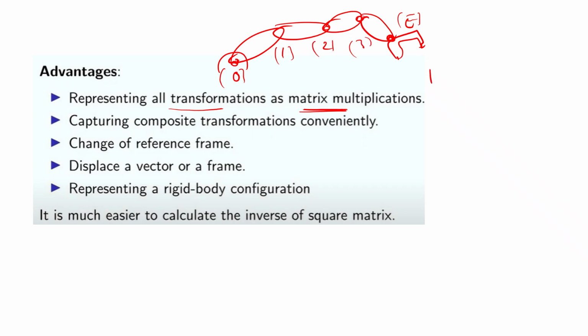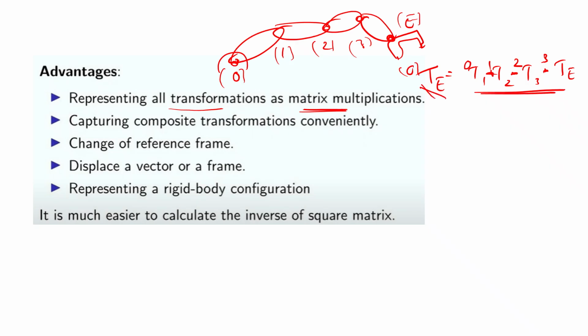So how do you represent the transformation of E with respect to frames? For that, I have to start from here: E frame with respect to the third frame, then the third frame with respect to the second frame, the second with respect to the first frame, and the first frame with respect to the 0 frame. So this you have to multiply. Okay. So in order to get the complete transformation, we need multiplication.